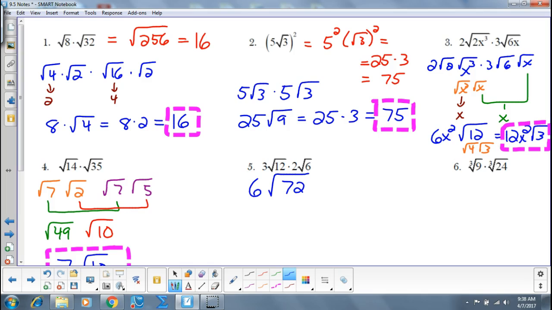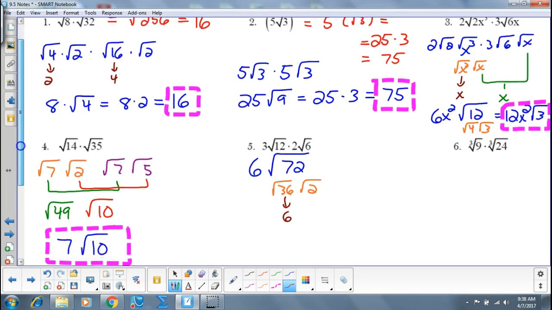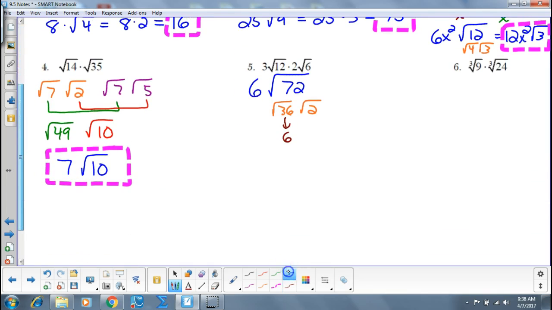Right? Well, now what's the square root of 72? Square root of 36, and square root of 2. So this becomes 6. So I get here 36 times the square root of 2.